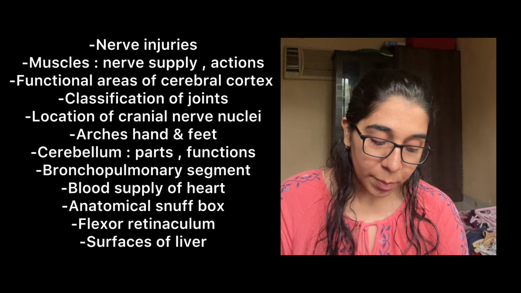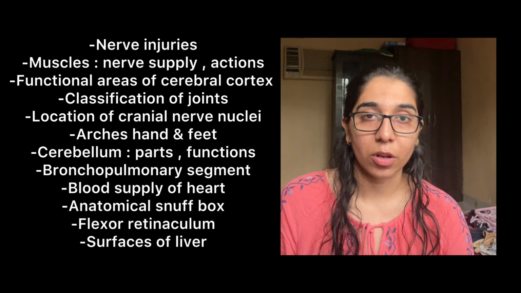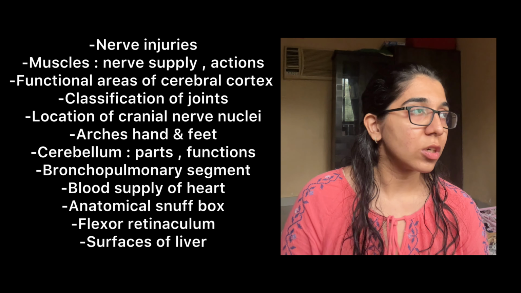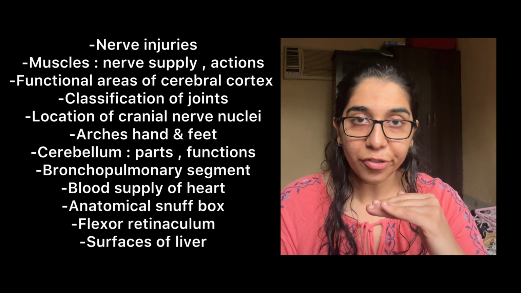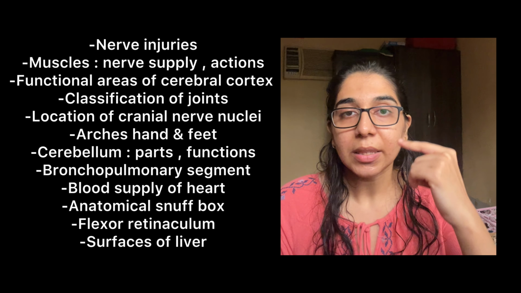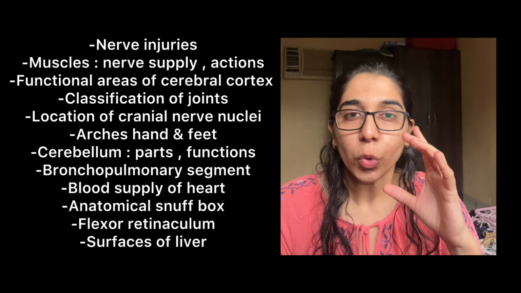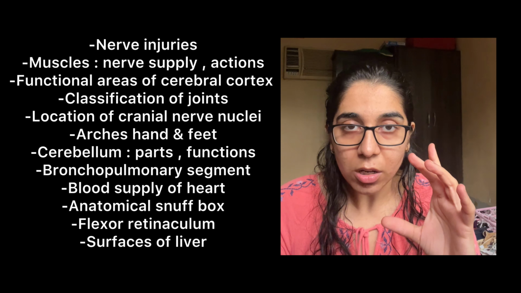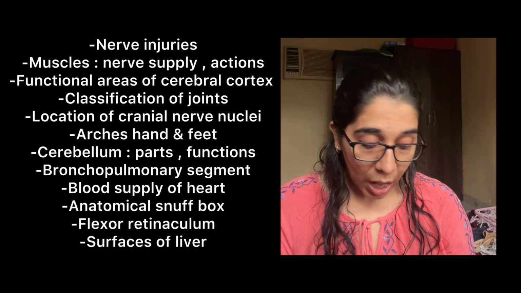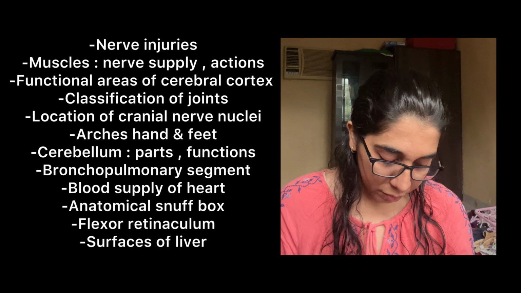Next, structures passing beneath the flexor retinaculum. Now you need to know the structures that pass beneath the flexor retinaculum, and those that pass above the flexor retinaculum. You need to know about the carpal tunnel, because this question has been asked earlier also.